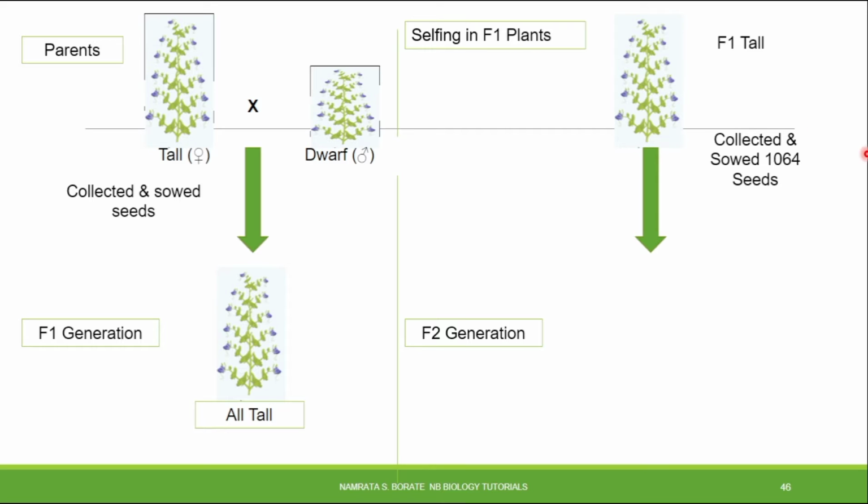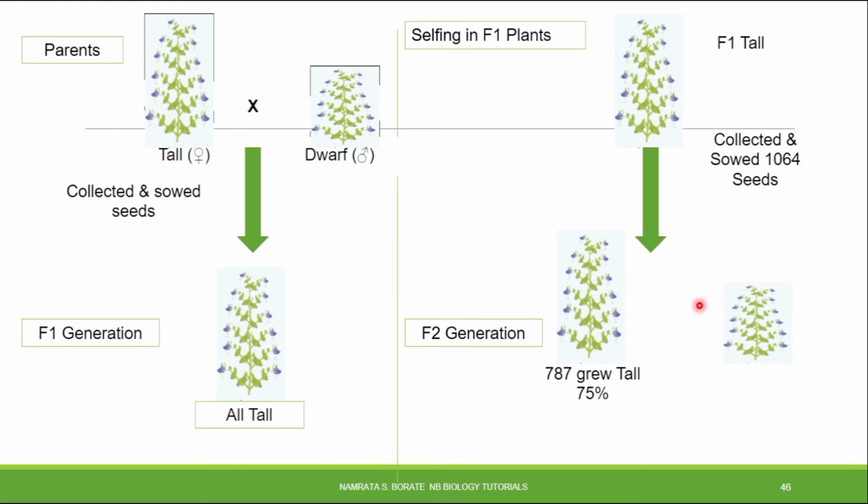Then the F2 generation, the second filial generation, is obtained, and in the second filial generation 75% are tall plants and only 25% are dwarf plants. Means the recessive trait reappears in the F2 generation.